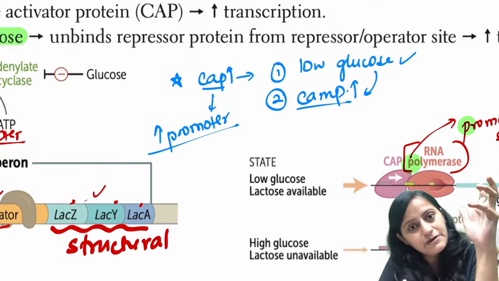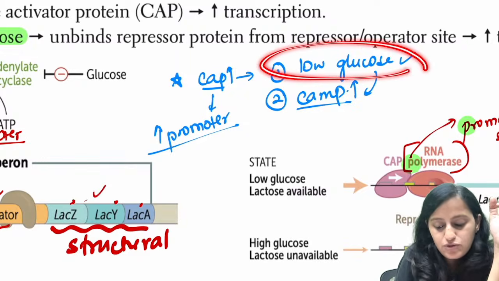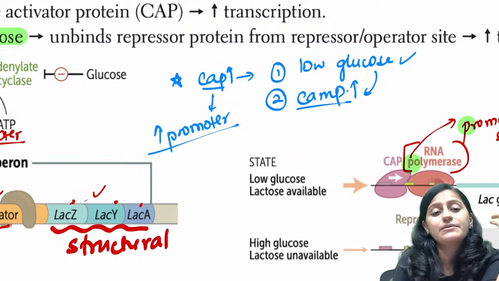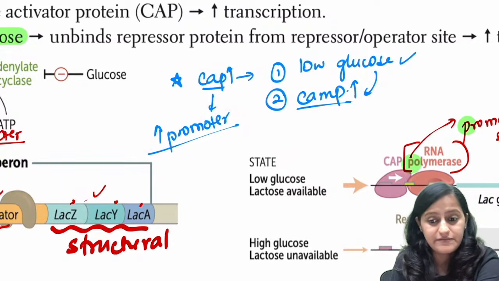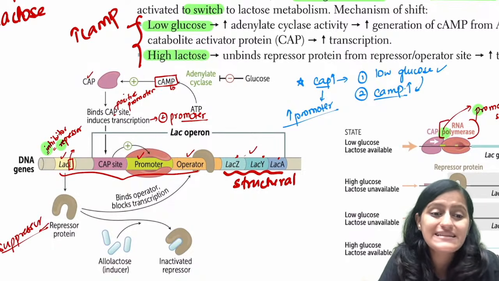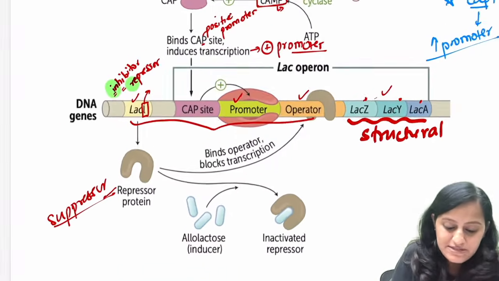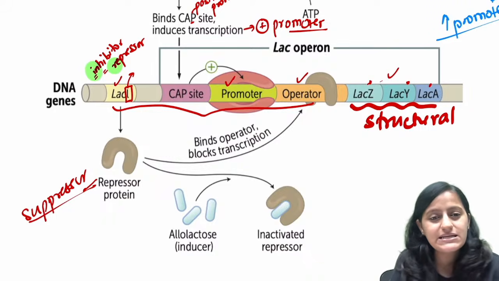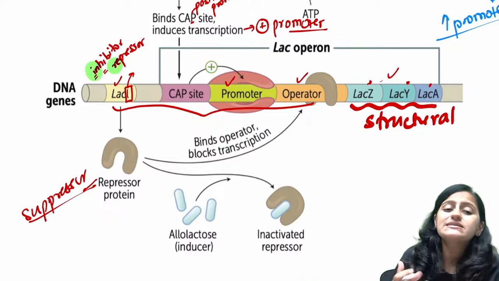Clear with everyone? So how does low glucose activate this lac operon? By increasing cAMP, binding to CAP, and then increasing the promoter activity. How does high lactose activate the lac operon now? Let's understand that. Please try to understand this: in the lac operon, in the resting condition, how is the lac operon?